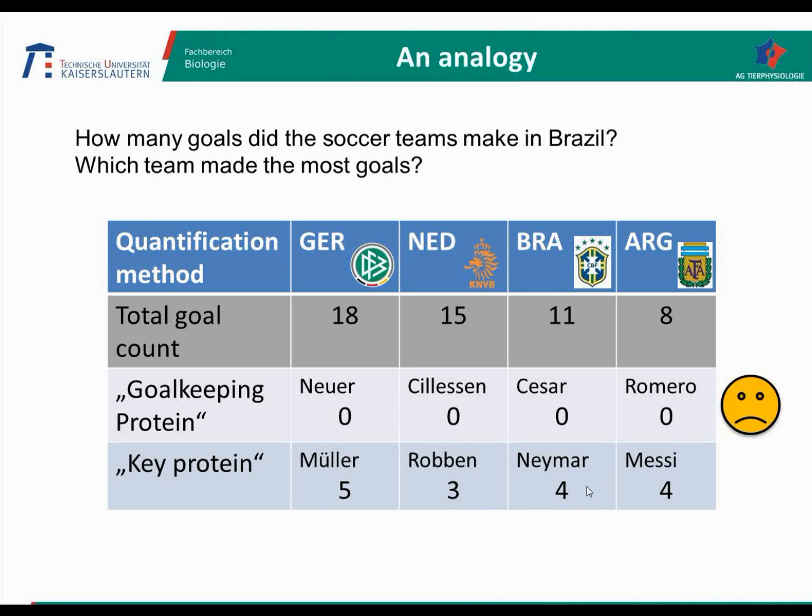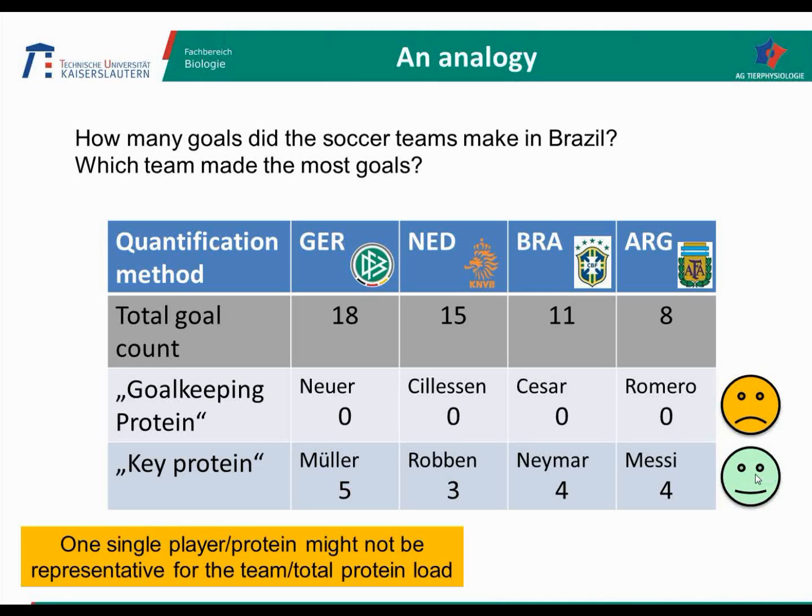If you want to state it like this, Neymar and Messi were a bit overrepresented, which means altogether that taking this key protein is a bit closer to assessing the total goal count. However, it is still not the best. Again, one single player or one single protein might not be representative for the whole team or for the total protein that is loaded on the gel.